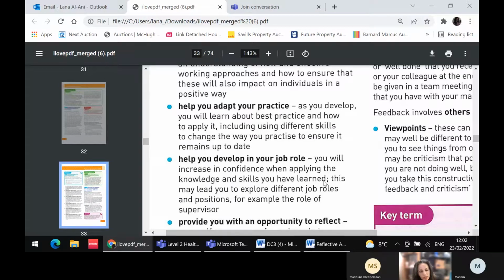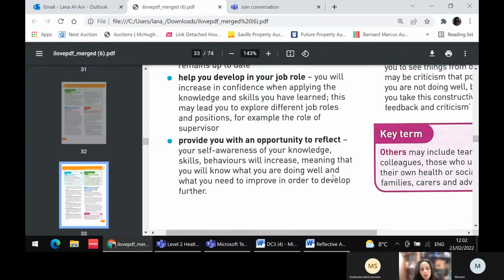So when you gain more training, it will help you to improve the best practice in the organization, because you will use these skills with your colleagues in the workplace.